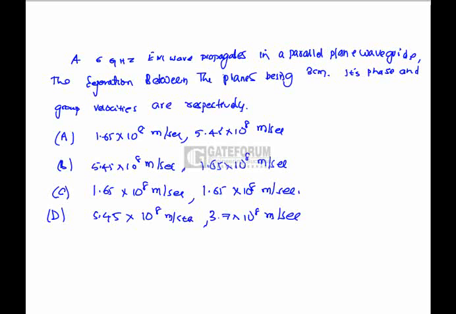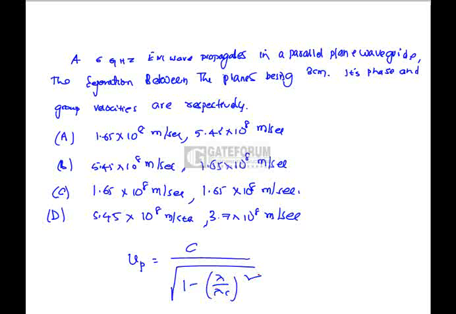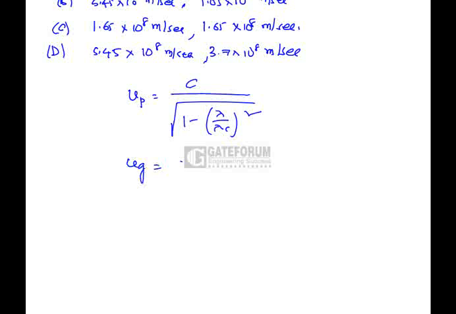Now the question is, a 6 GHz EM wave propagates in a parallel plane waveguide, the separation between the planes being 3 centimeters. Its phase and group velocities are respectively? The phase velocity is given by velocity of light divided by root of 1 minus (lambda by lambda c) whole square, and group velocity is c times root of 1 minus (lambda by lambda c) whole square.